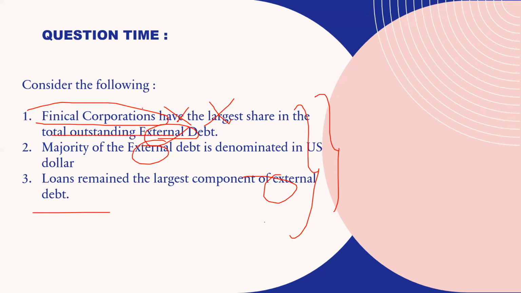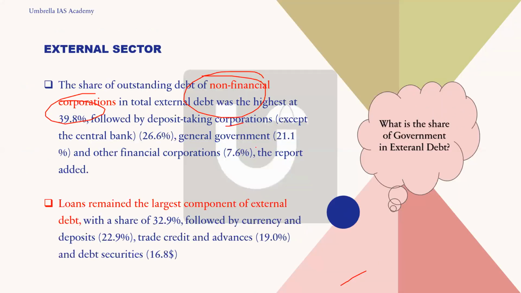And what is the share of government in external debt? General government debt. What is the percentage approximately? In external debt, the government share is not that much at all.